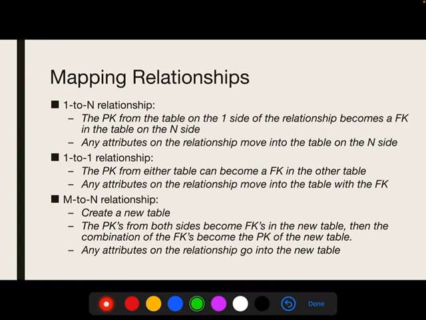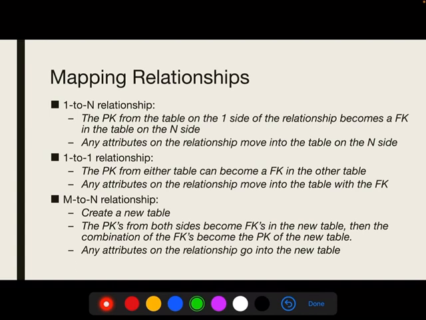Okay, regular relationships, non-identifying relationships, let's see how they work. So a one-to-many relationship. In order to represent that in the relational model, you make the primary key from the one side a foreign key in the table on the N side of the relationship.